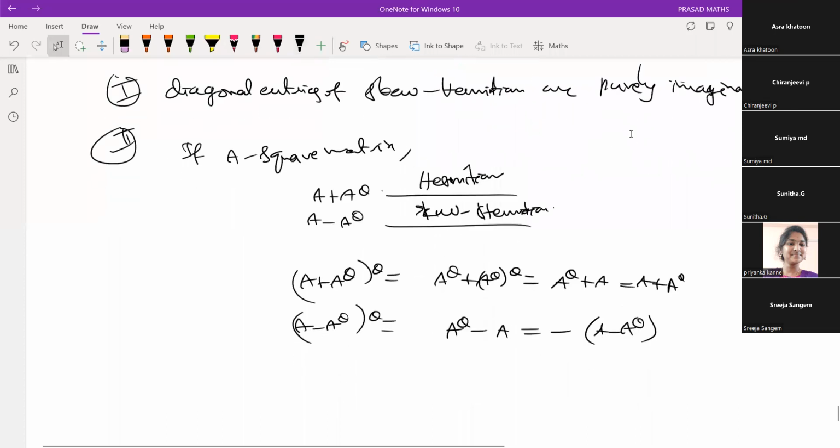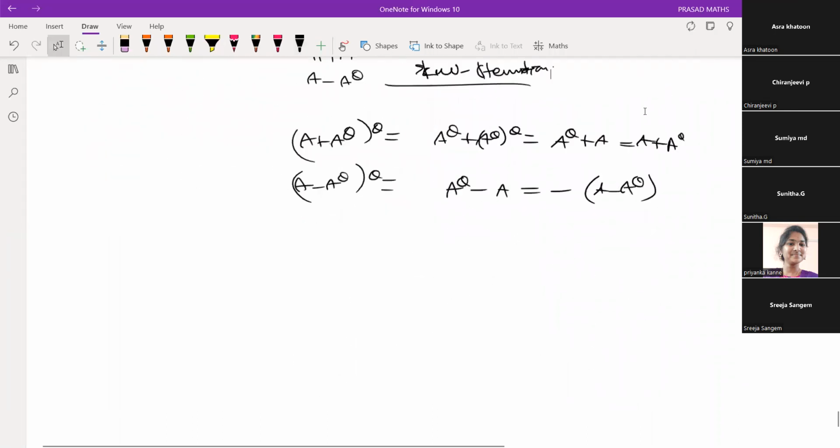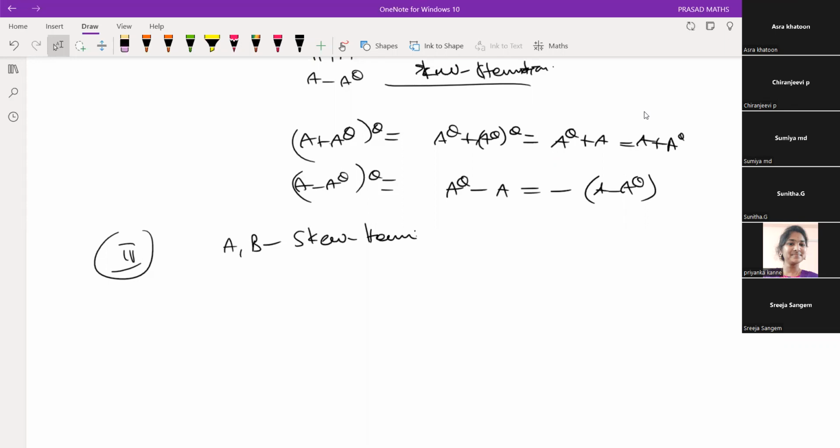Next, you take constant multiple. You take A and B are skew Hermitian. Without loss of generality, you can take only one matrix, skew Hermitian. If you take any scalar K, what is KA? Scalar multiple. Is it skew Hermitian? Anybody? Start with a real number.